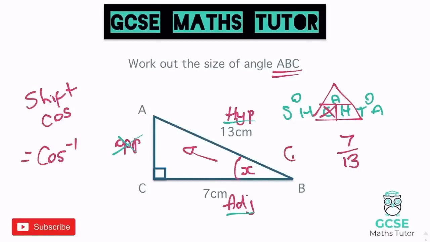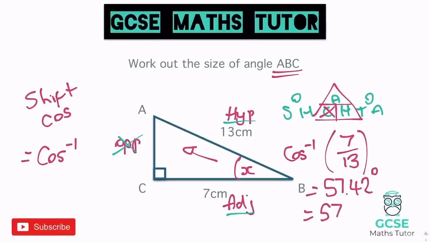So you type in cos -1 and then 7 over 13, and if your calculator has the fraction function you can put it in as a fraction. If not, in the bracket there just put 7 divided by 13. So let's do that. Cos -1, 7 divided by 13, and you get the answer here, 57.42. And if we round that to one decimal place, it'd be 57.4 degrees. There we go for an angle.